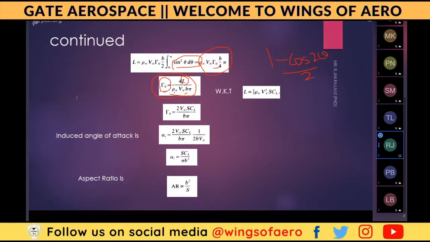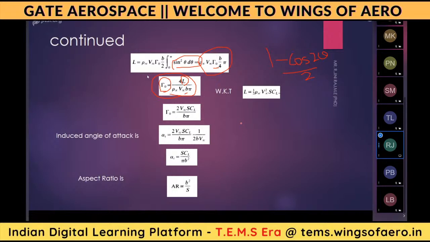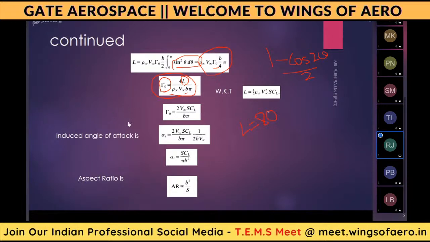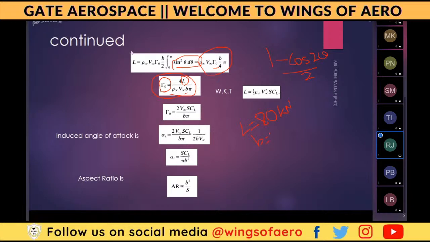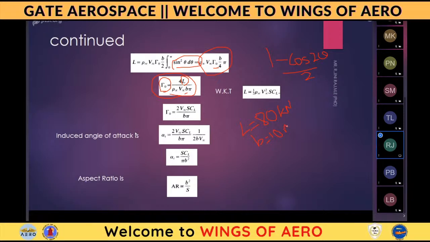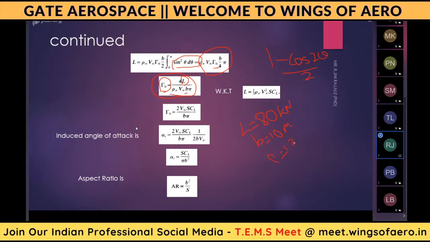So for finding the circulation at the root, by applying this formula we can easily find it. Suppose L equal to 80 kilonewton, the span B equal to 10 meter, rho infinity 1.2, and velocity is 100.